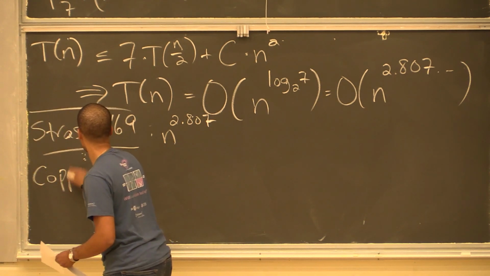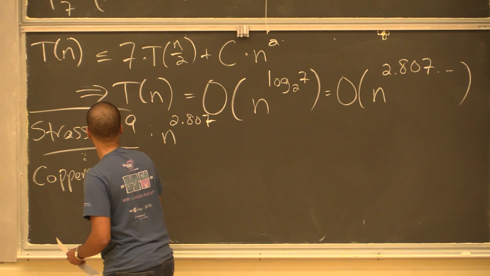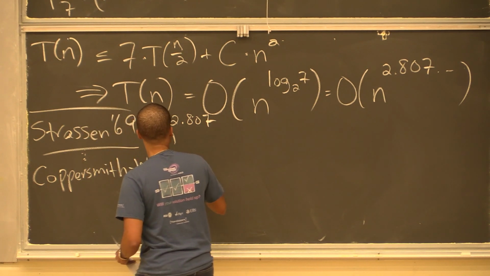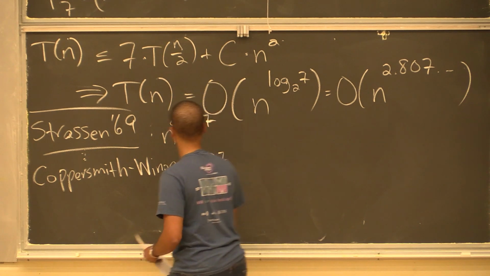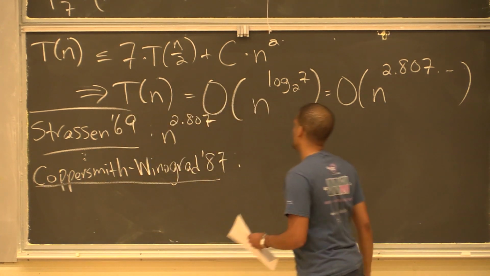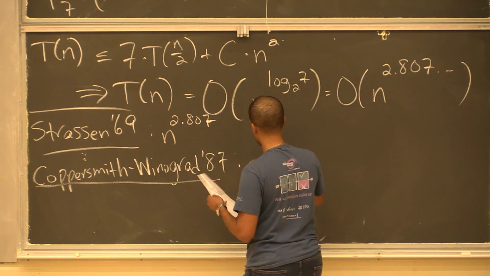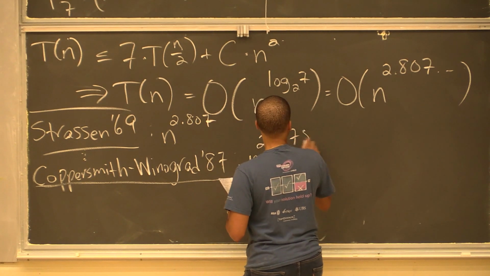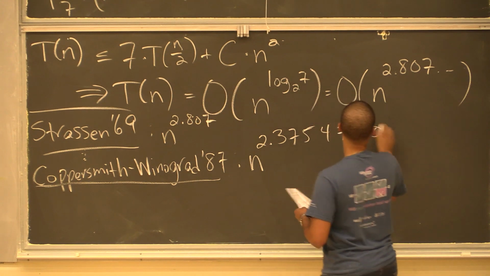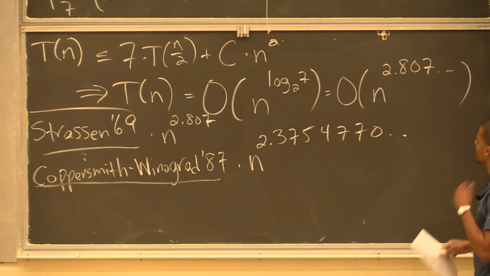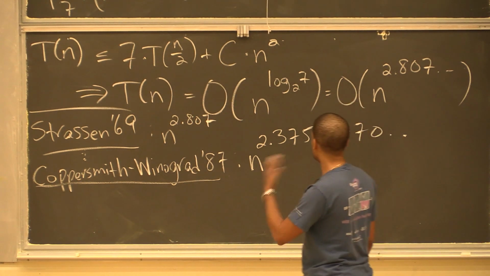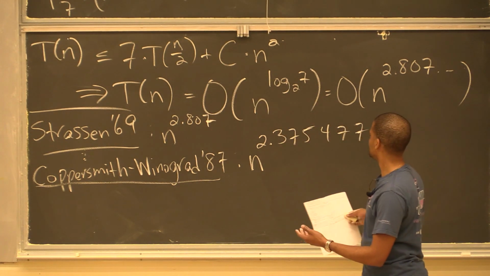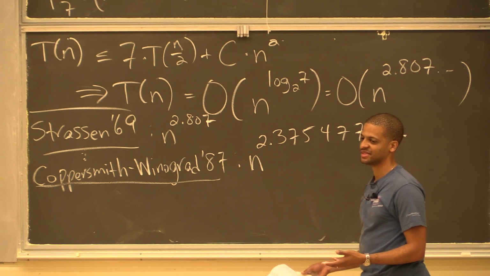Then there was Coppersmith and Winograd. That was 1987. And they got n to the 2.3754770, something. Okay, and when I was in college and most of my time in grad school, that was kind of the best that humanity knew.